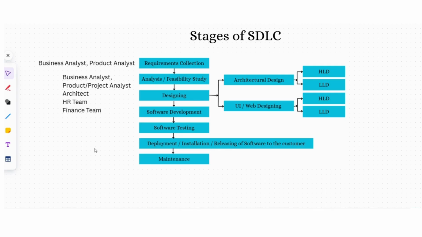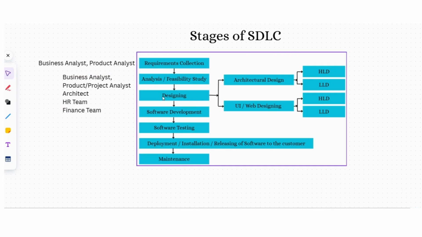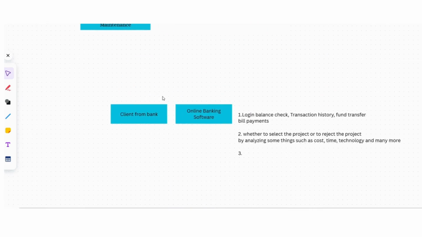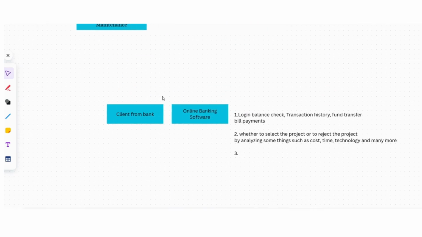The next stage is designing. As we have seen in the example, in the designing phase the architect designs how the login and transaction modules connect, and the UI designer creates the app's screens, buttons, and layout.